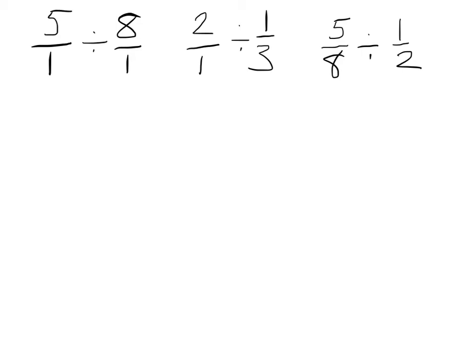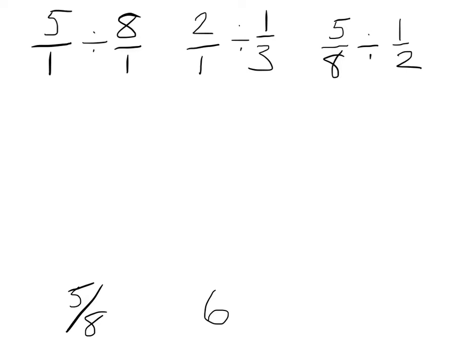All right, now let's see what's happening mathematically when we look at the 3 situations that we modeled earlier. In the first situation, we have 5 pizzas divided by 8 people, and we said that meant that each person got 5/8 of a pizza. In the second example, we took 2 cups of mozzarella cheese and divided it by 1/3 to see how many groups of 1/3 we could get, and we found that we could get 6 groups.